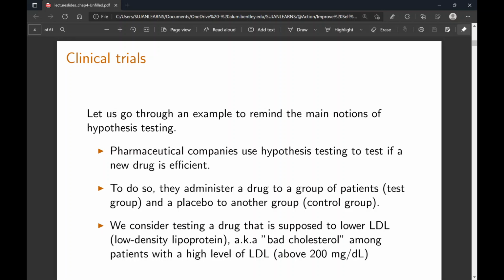And we have these two groups now. One group is used as a benchmark. The placebo group will be used as a benchmark, while the drug-given group will be tested against this benchmark.